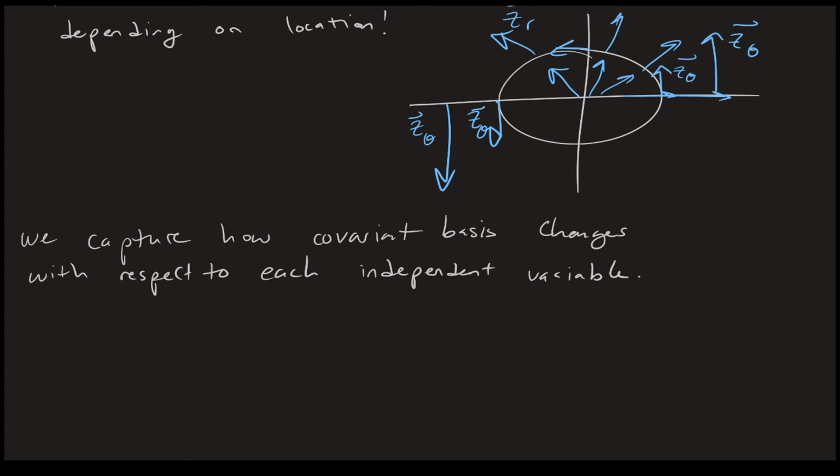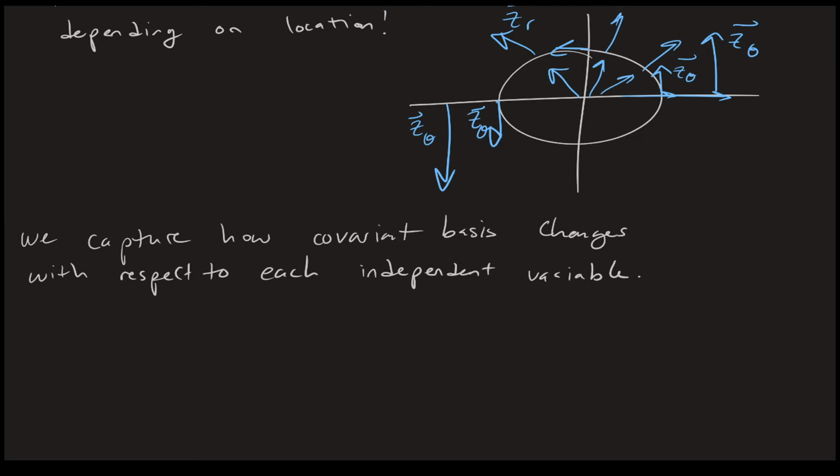That's what we're going to do right now, because if we're trying to take a derivative, that's really just rates of change. Well, if our basis vectors are changing, we have to take that into account. So we're looking at what happens to our basis vectors when we move about the space. We're trying to capture their rates of change somehow.